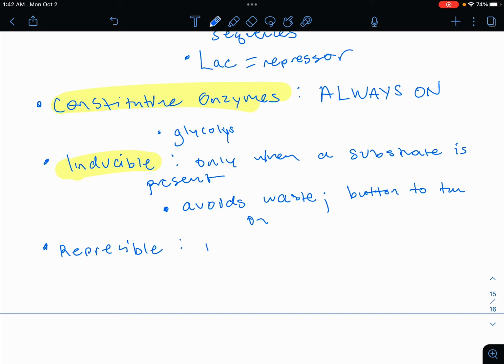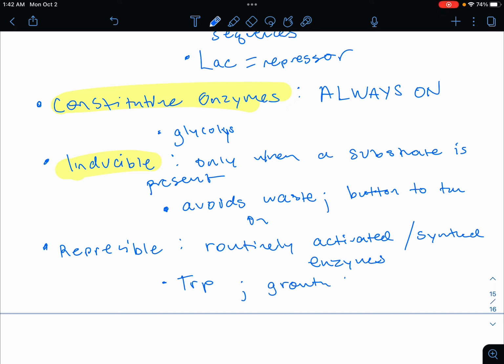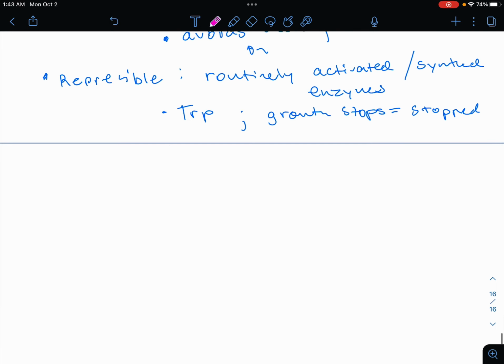And this is routinely activated or synthesized enzymes. One of the examples would be the trp operon, and when growth stops, this pathway is also stopped. Or turned off.